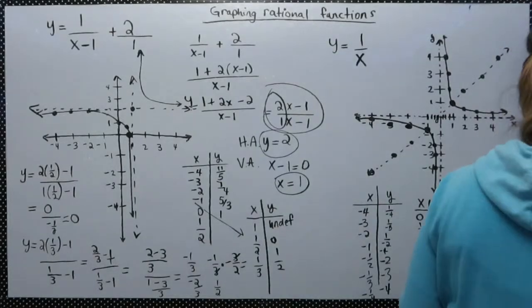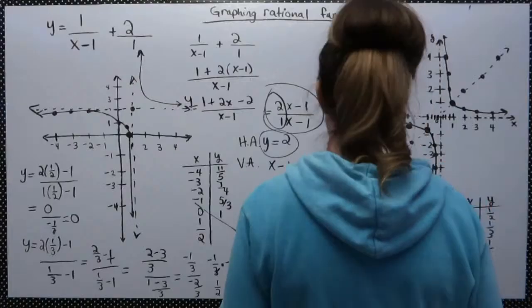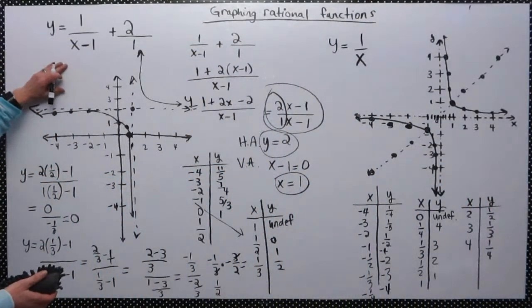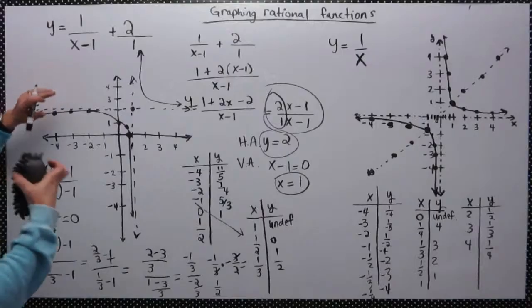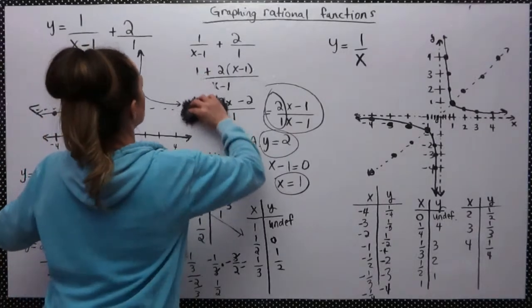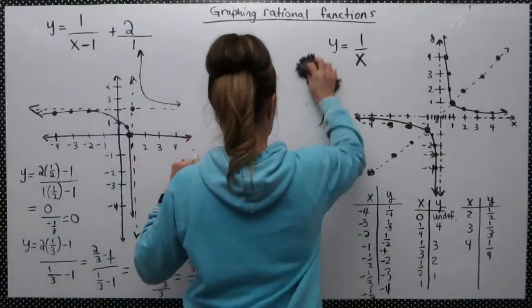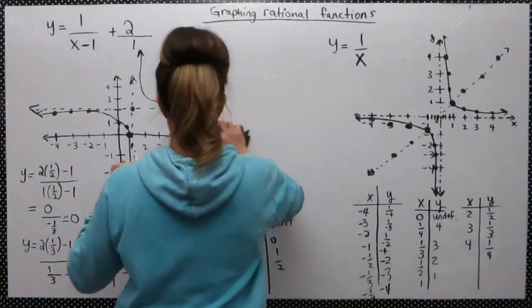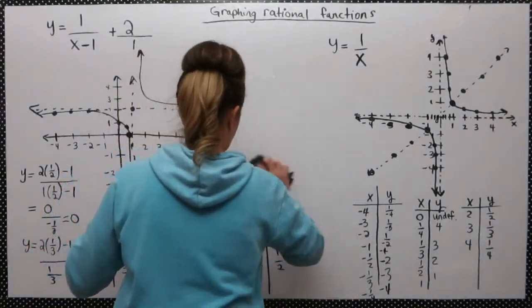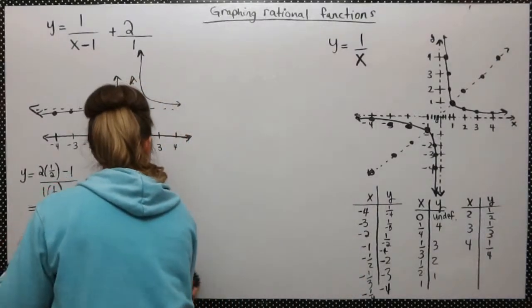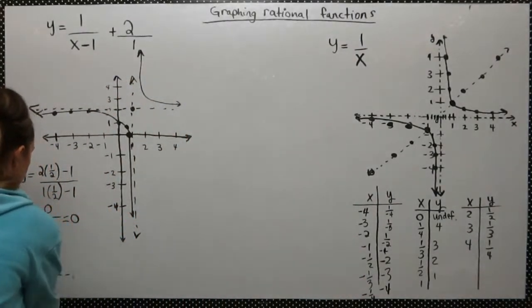Okay, how to state the asymptotes. All right, for this graph right here, let me erase all of this and start fresh.